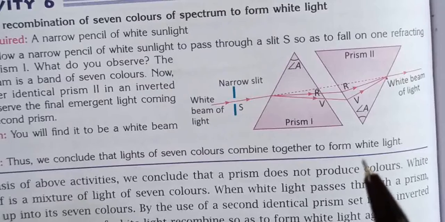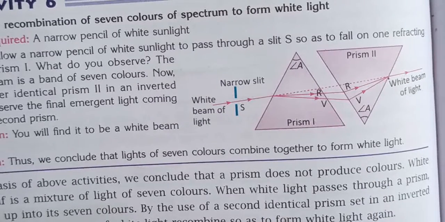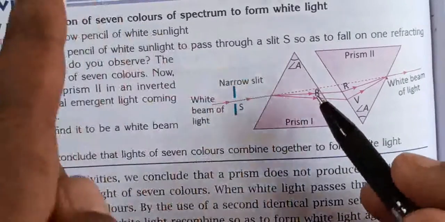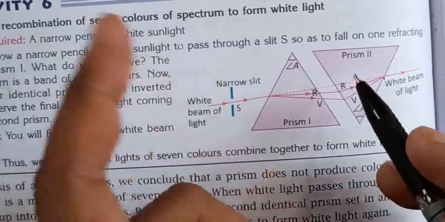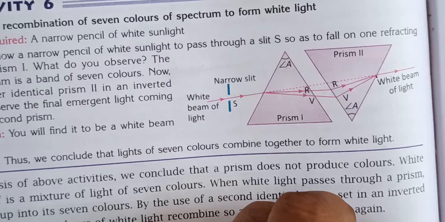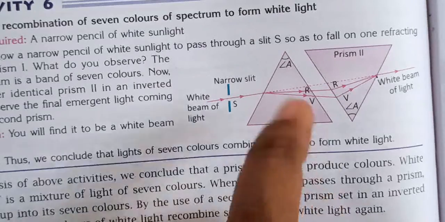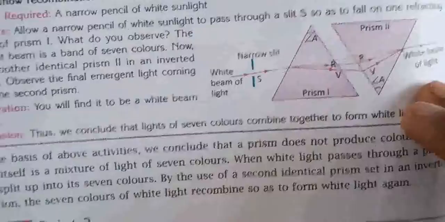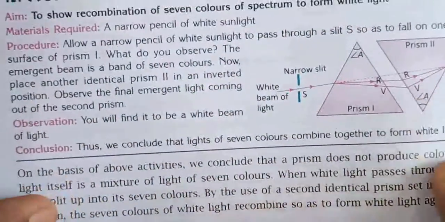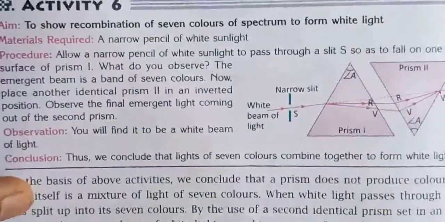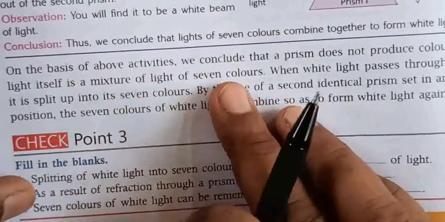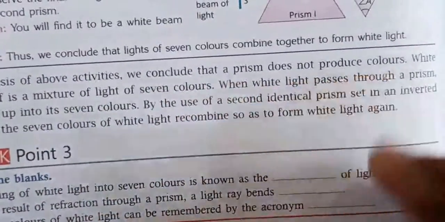So by this experiment he proved wrong those scientists who were questioning that maybe it is the property of the prism which colors the white light. Newton proved them wrong. He said no, it is the property of white light to get split into 7 colors while passing through a prism. Right? And this activity is called recombination of the 7 colors of the spectrum to form white light. Clear? This experiment is given here. On the basis of the above activity, we conclude that a prism does not produce color.